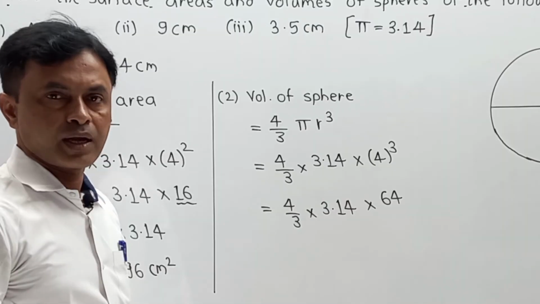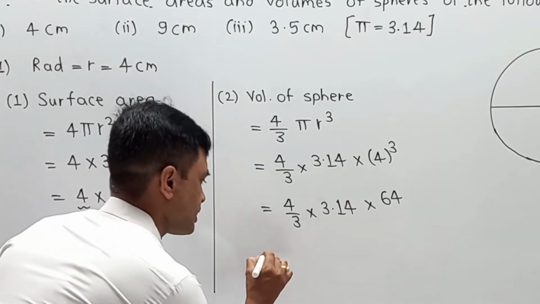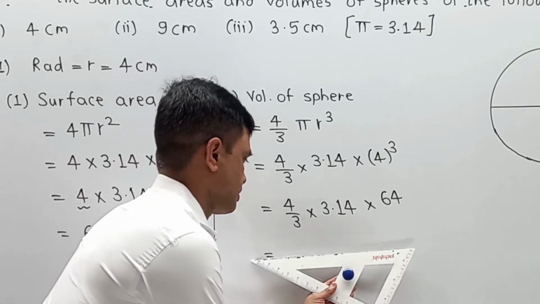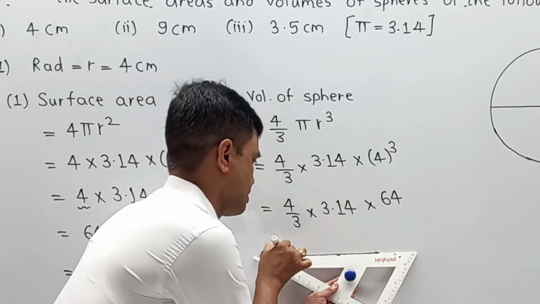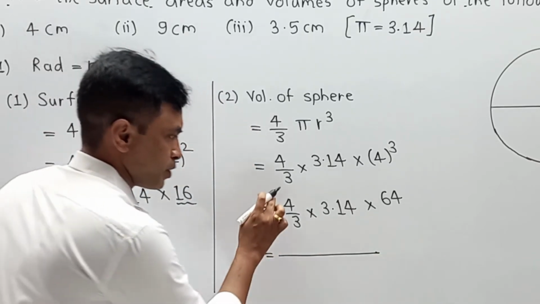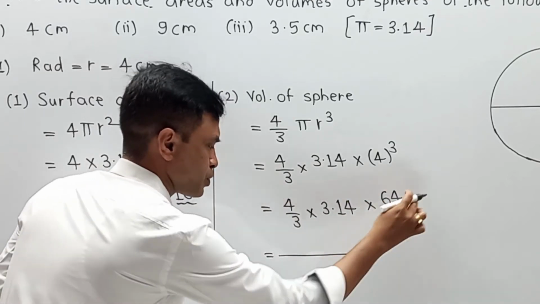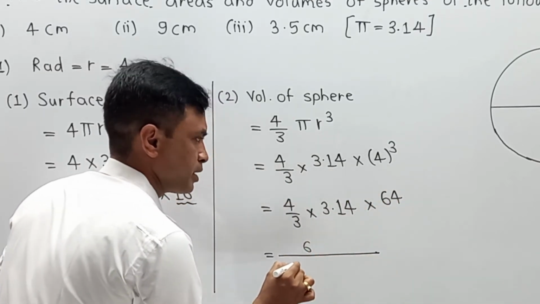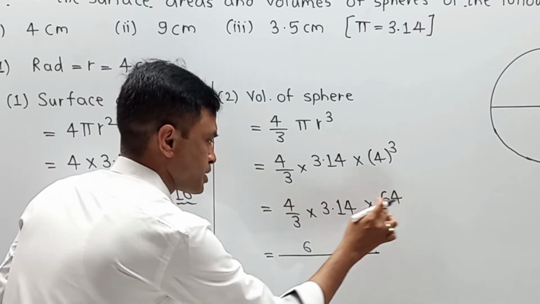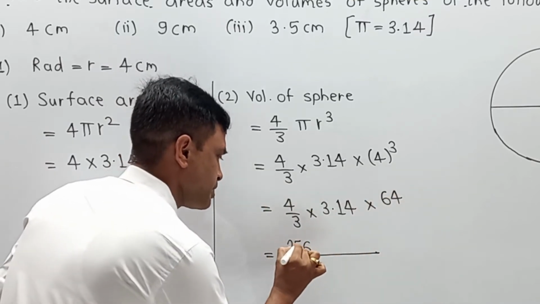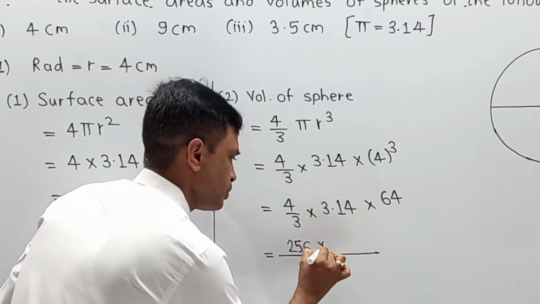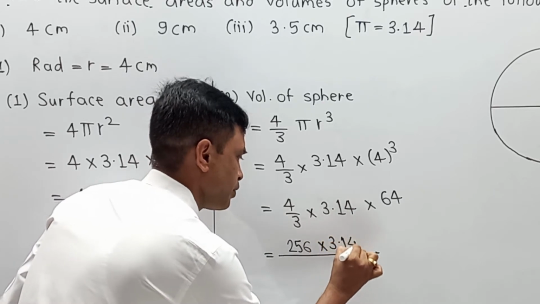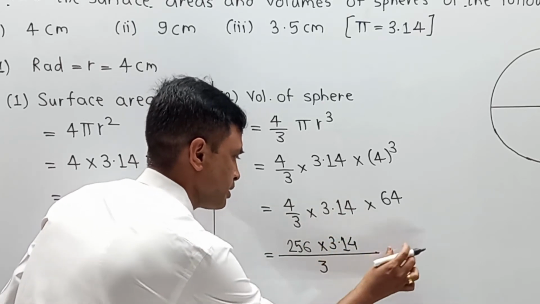Now in the next step, here 4 into 64, so 4 4s are 16, carry 1, 4 6s are 24 plus 1 25, means it becomes 256 into 3.14 divided by 3.